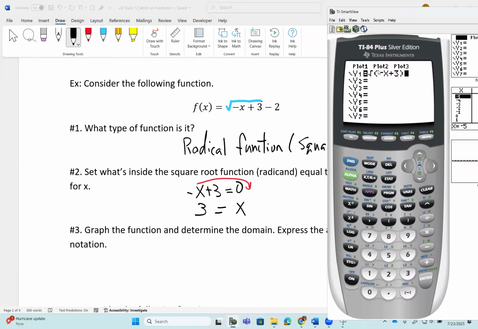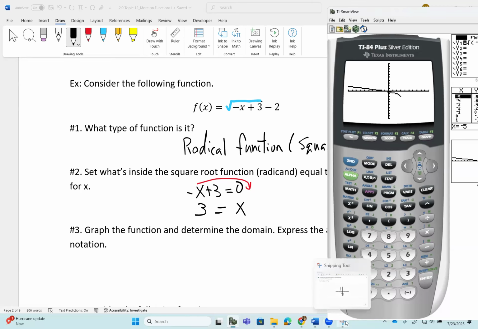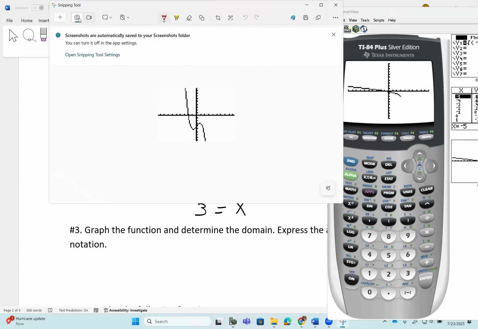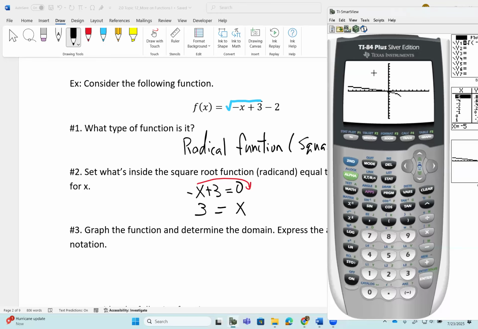If your graphing calculator does not give you a little box, you can just enter negative x plus 3. Make sure the cursor is outside the square root before you enter minus 2. So this time it's going that way. It's actually going the other way.